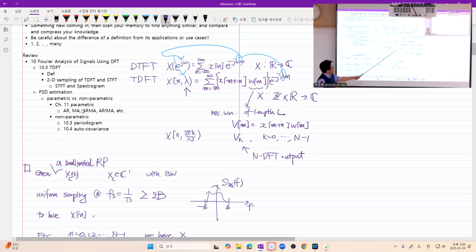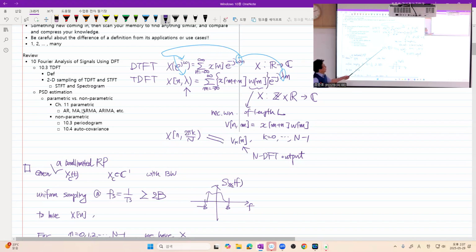So this is the k-th entry of the N-point DFT output. Then this is the same as, just a second, I need N, so superscript or subscript, let me use something like this. Okay. Then we have equality like this.